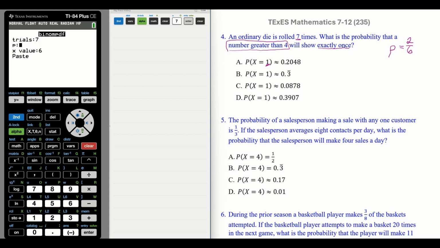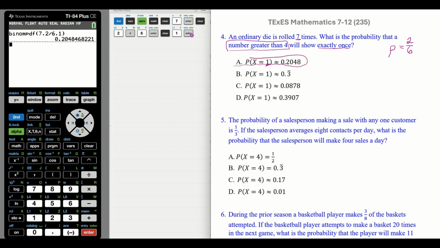Okay, that is 2 divided by 6. Enter. And how many times do they want us to predict exactly one time of occurrence? Enter, enter, enter again, and we have a reasonable value. And just out of coincidence, that is A.